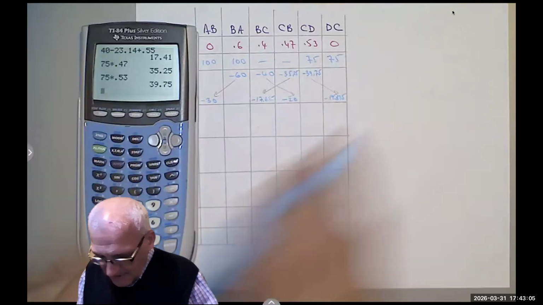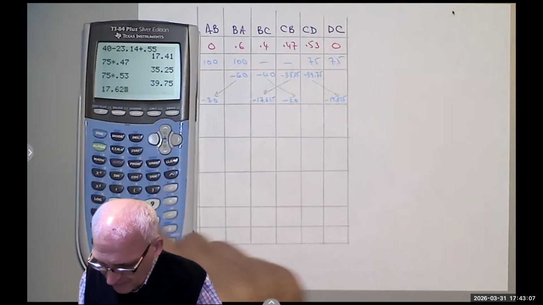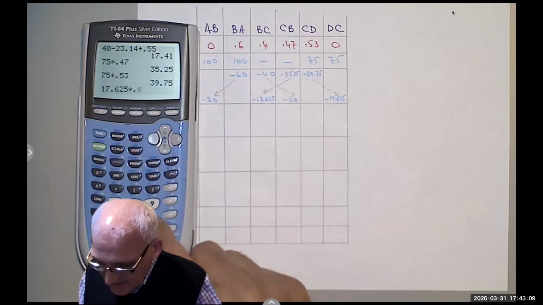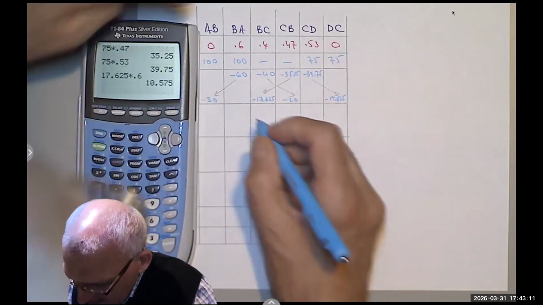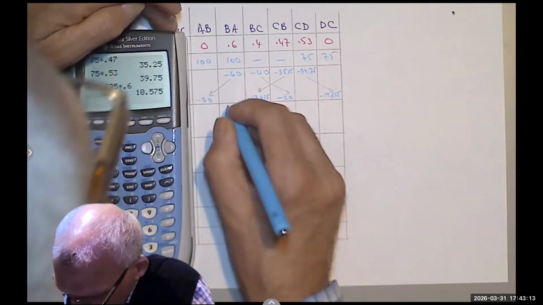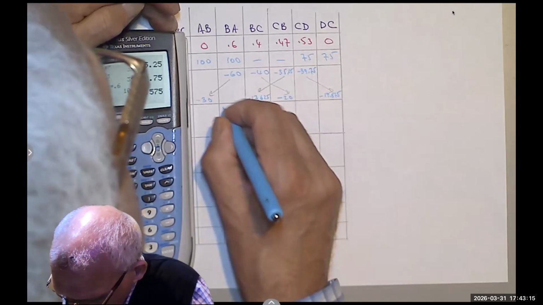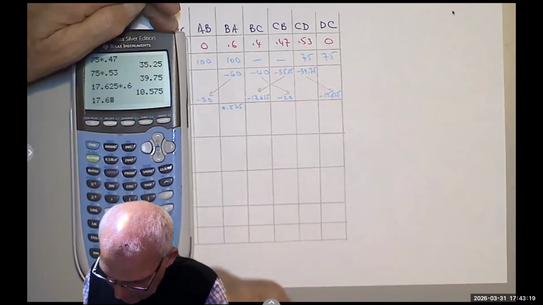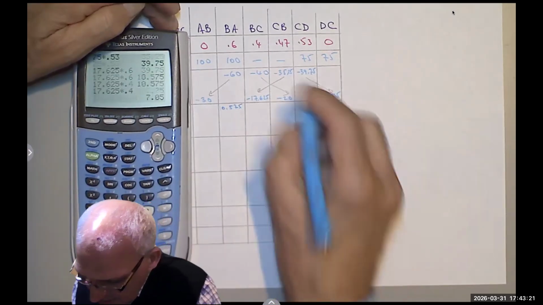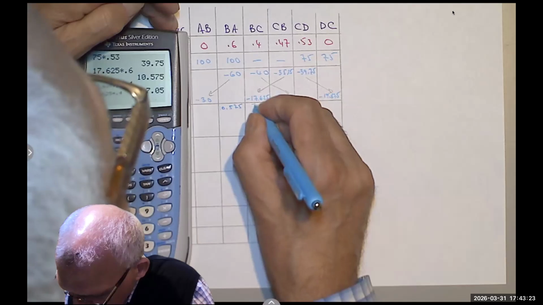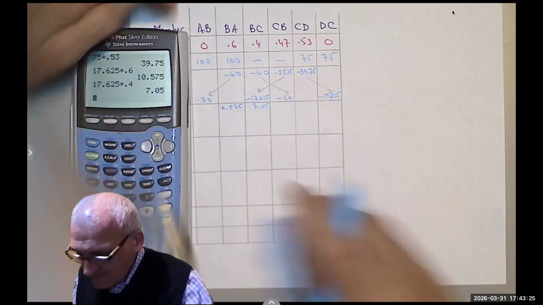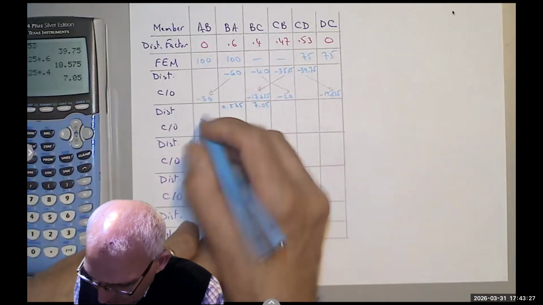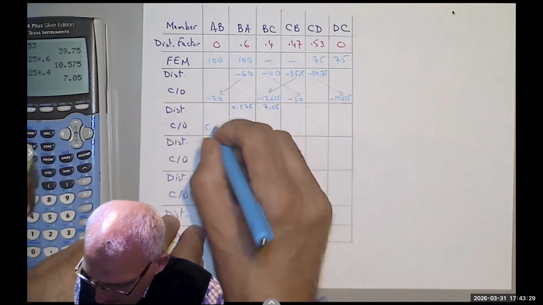So 17.625 times 0.6 is 10.575. And 17.625 times 0.4 is 705. Half of that will go here, 5 point.